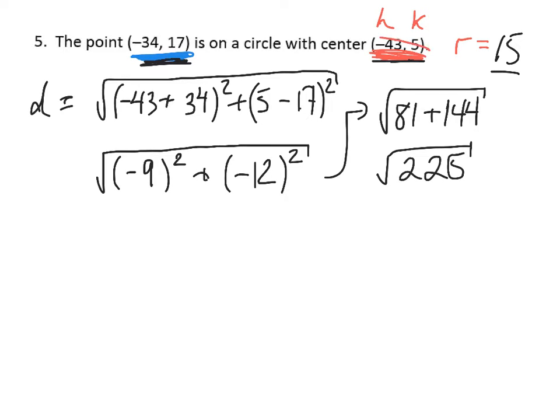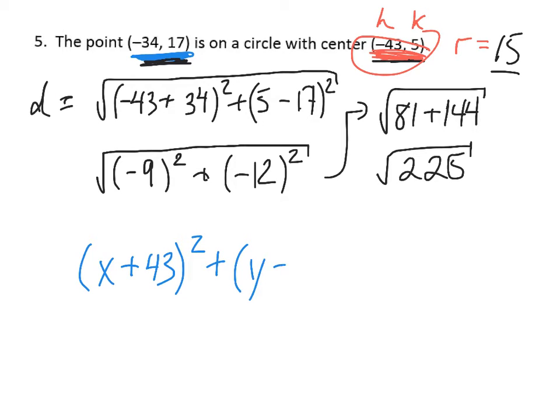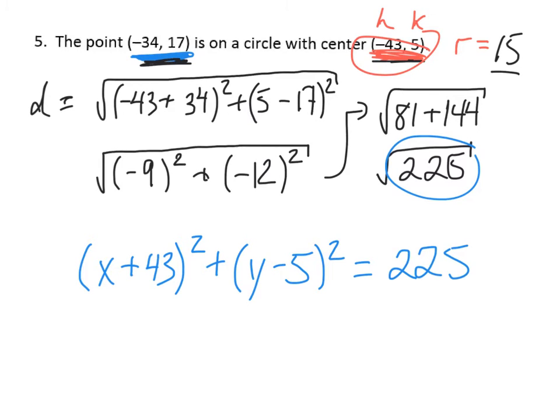And I already have my center here, so now I can write out my equation. It's going to be x minus h, which is going to turn into plus 43 squared, plus y minus k, so y minus 5, equals the radius squared, which I already know from using the distance formula is 225.